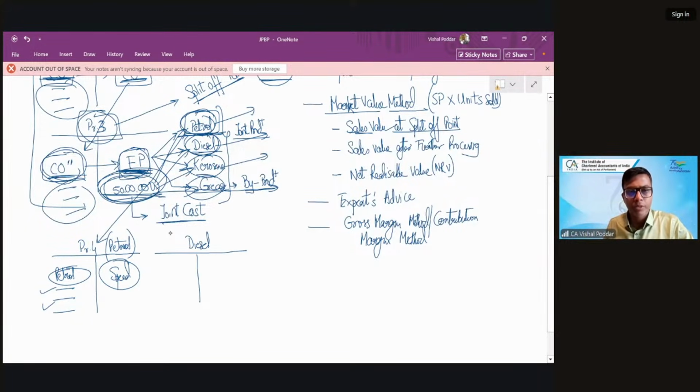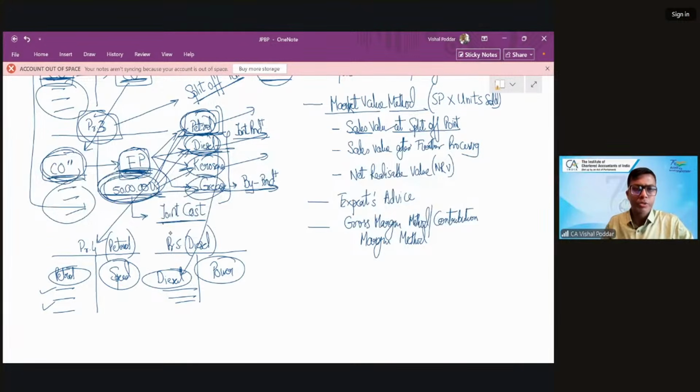So, process 5. This diesel is not sold, but it is brought here. In the next process, again some extra processing is done, and this is converted into a better version of diesel called power and then sold.